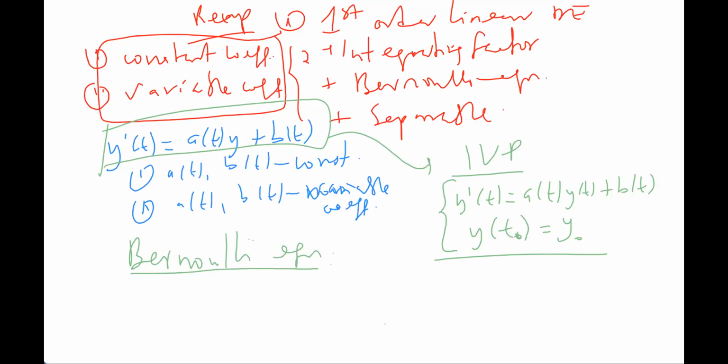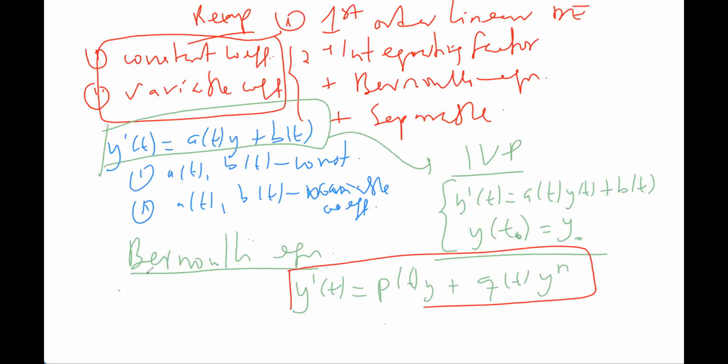We said that the Bernoulli equation looks like this: y prime of t plus p of t times y equals q of t times y to the n. And the idea behind the Bernoulli equation was for solving.